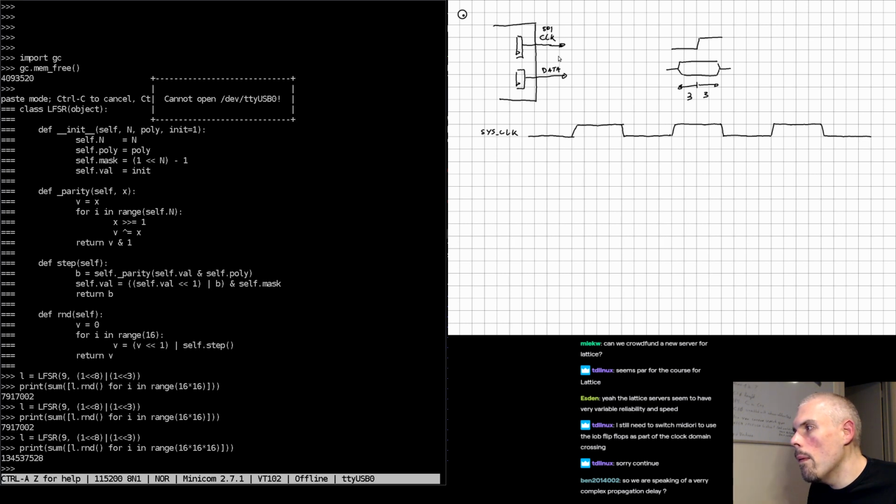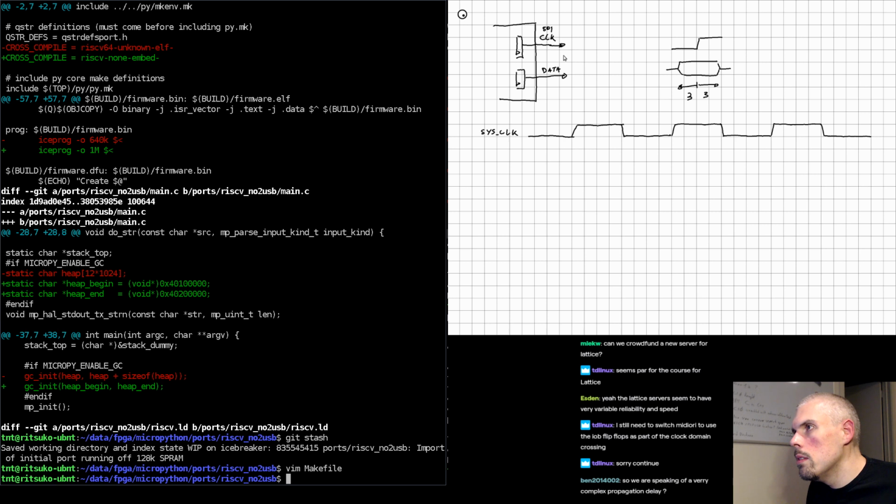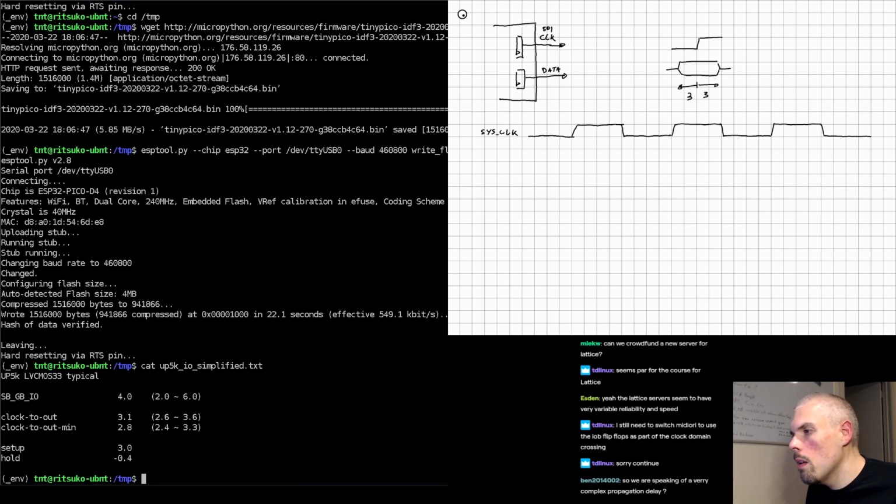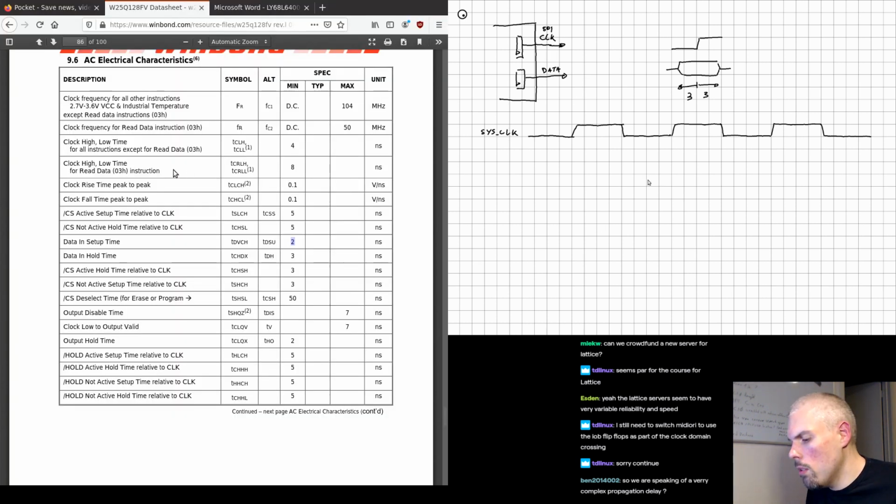So if we go back to our little diagram, we know the FPGA clock to out is 3.1 nanoseconds. Oh yeah, sorry, I didn't specify, but let's say that we're trying to run our flash at 100 megahertz. So our clock period here is 10 nanoseconds.